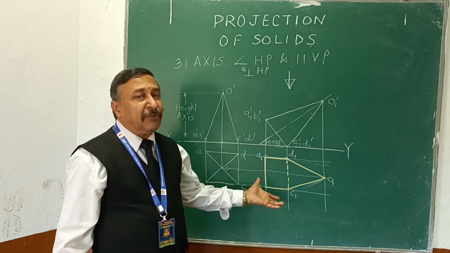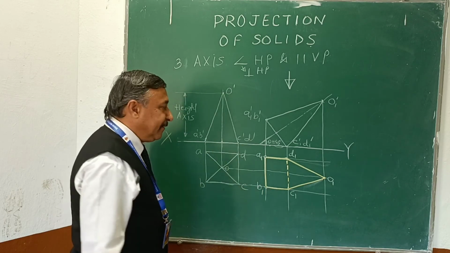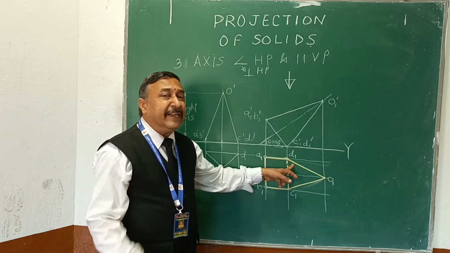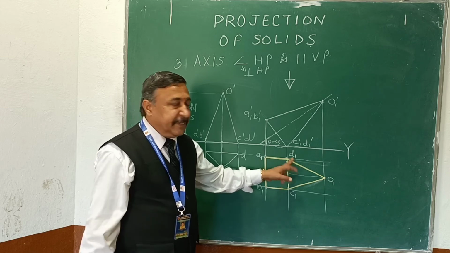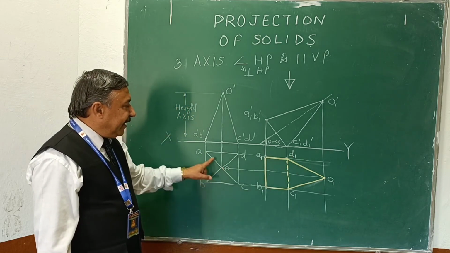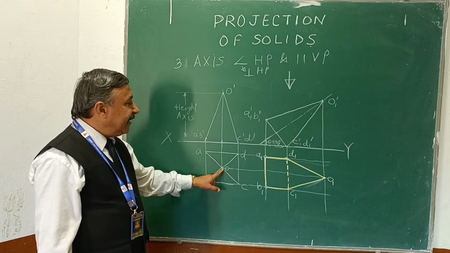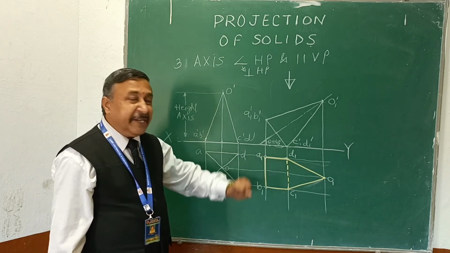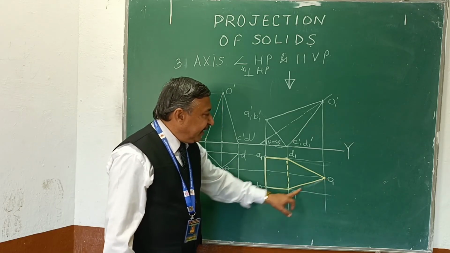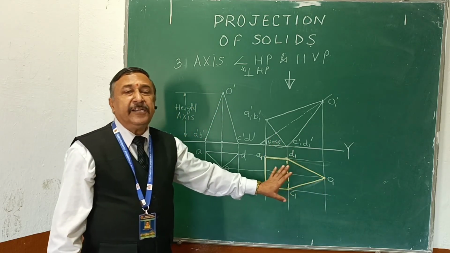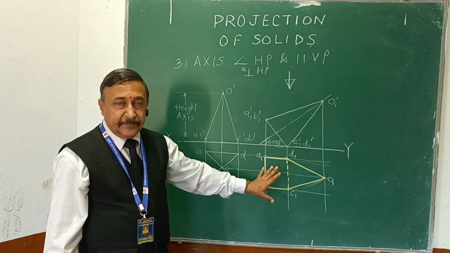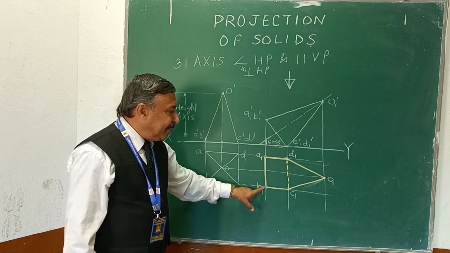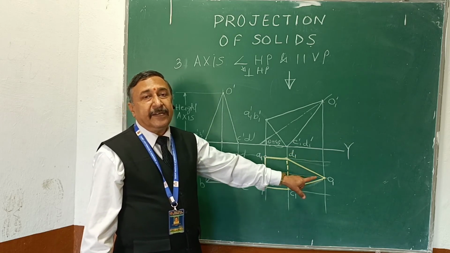Now we complete the solid. Now how we complete the solid? See, there are four slanting edges in this pyramid. See here, one slanting edge is OA, second slanting edge is OB, and like this OC and OD. So complete here. See here, OC and OD is only shown on drawing by completing the outlines. But A and B, we have to join it.